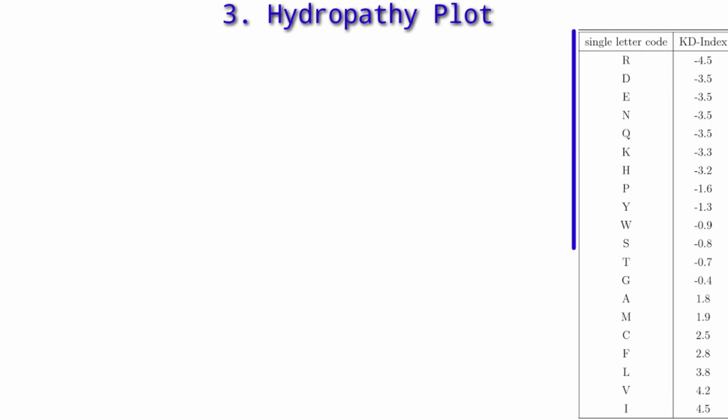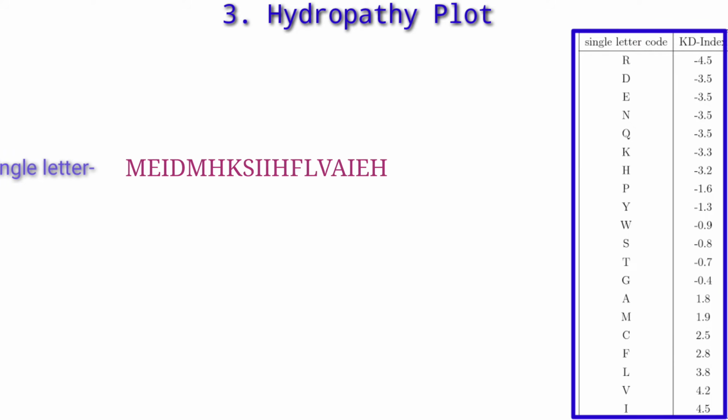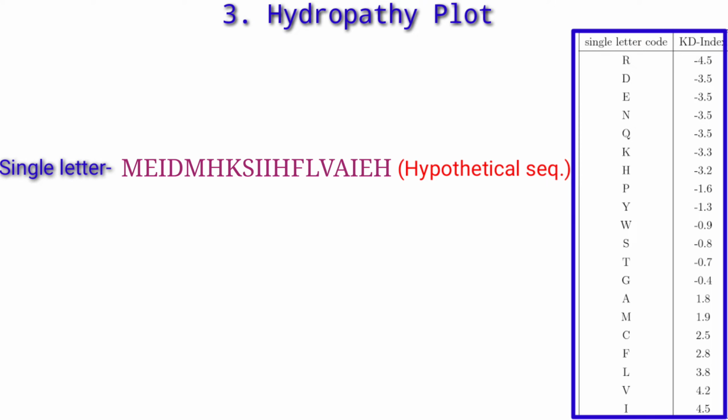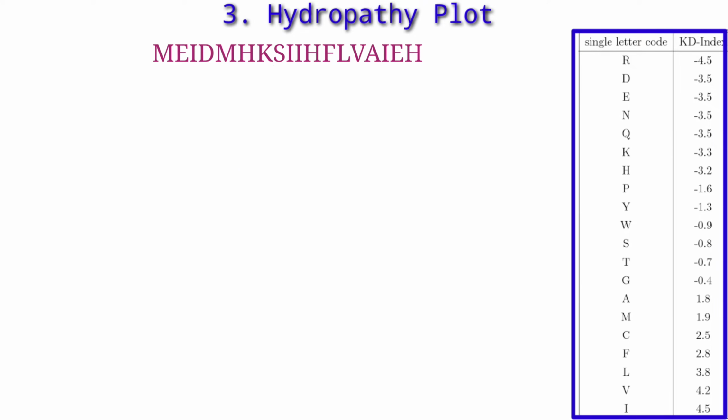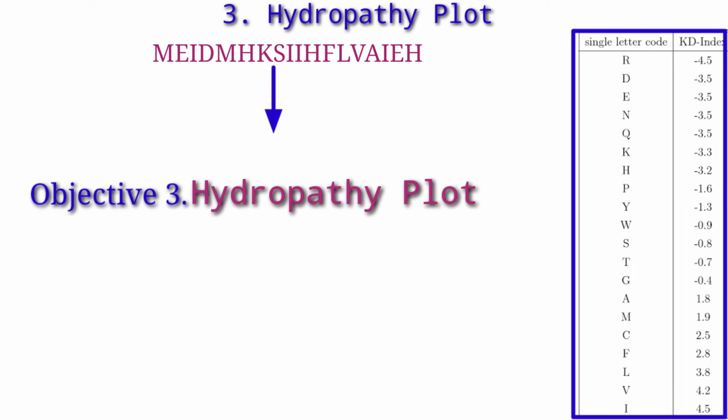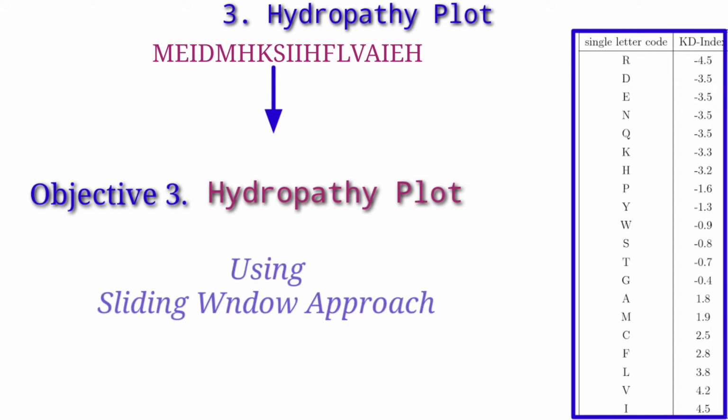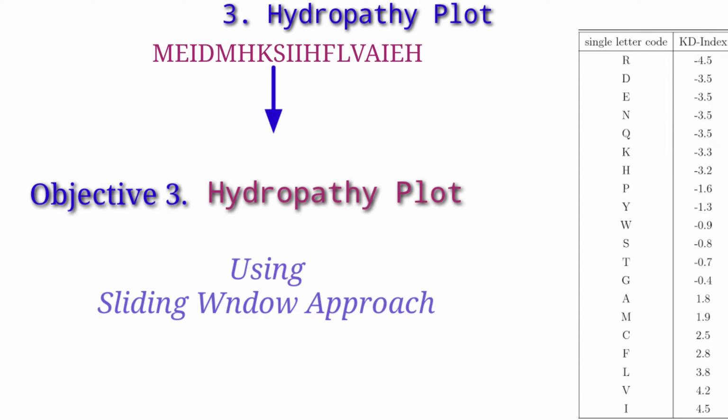So by using the hydropathy index and the chain of amino acid information, we are going to form a hydropathy plot where we are going to use a sliding window approach.